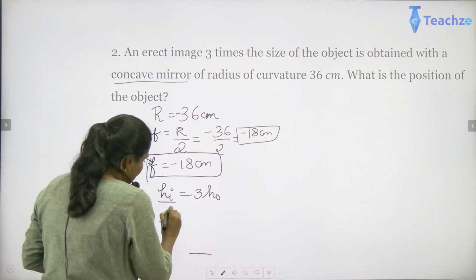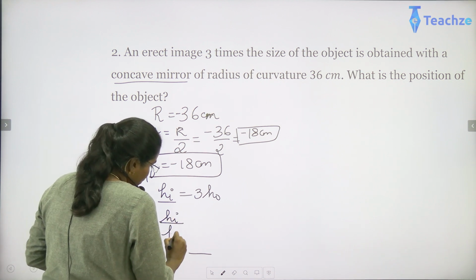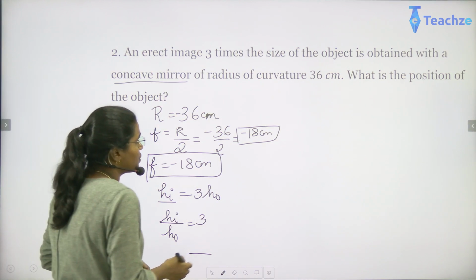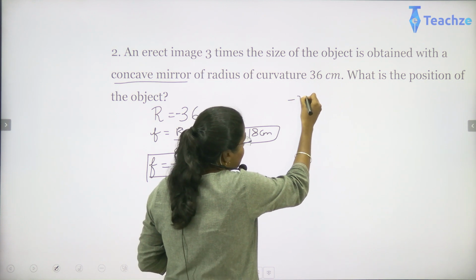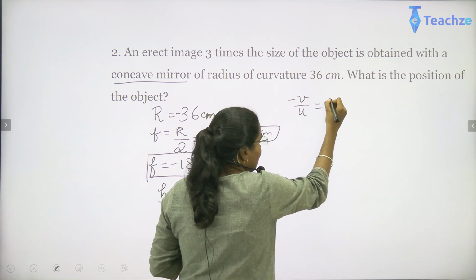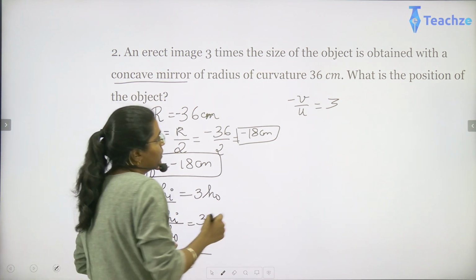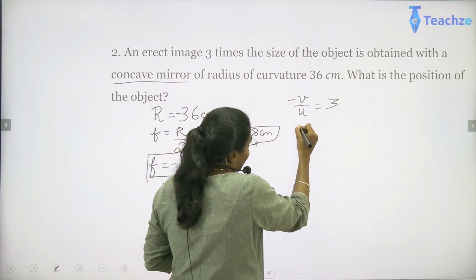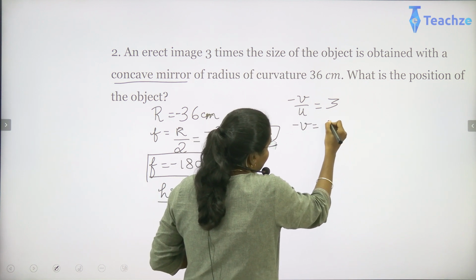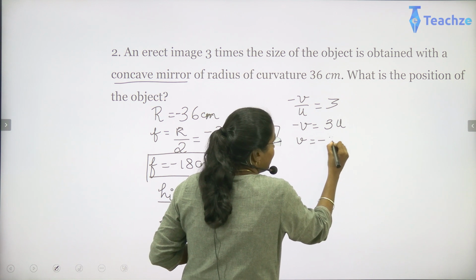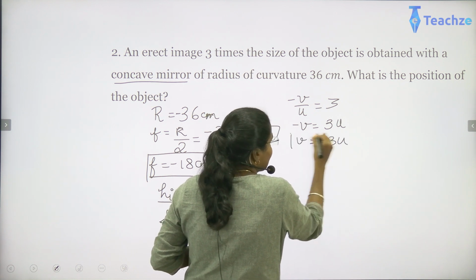I can write hi divided by ho is equal to 3. Can I write this hi by ho as minus v by u equals 3? Can I write that with the relation? Yes, good. So I can also write minus v is equal to 3u, and v is equal to minus 3u, right? With basic algebra.